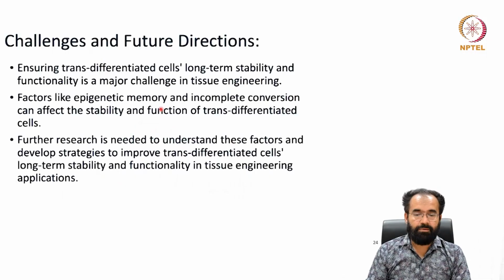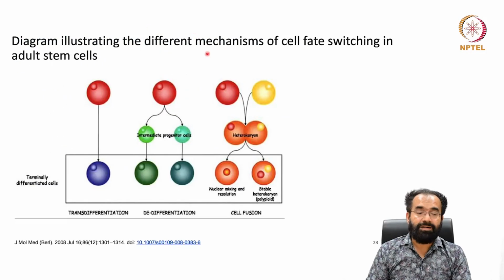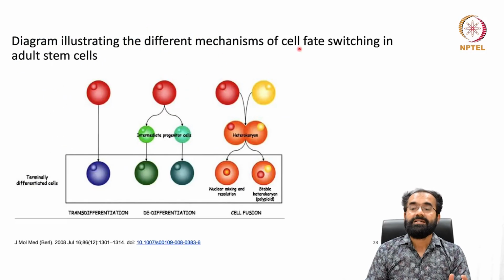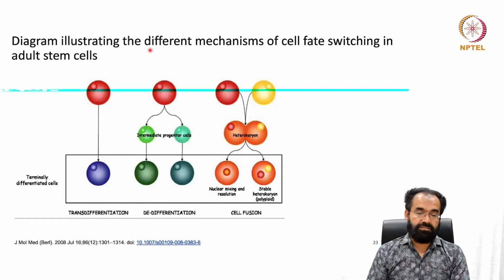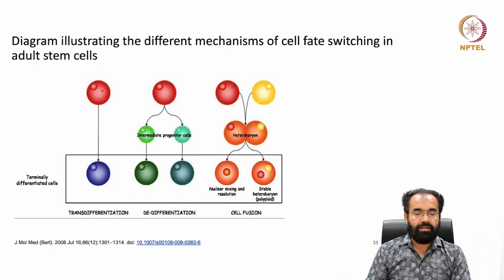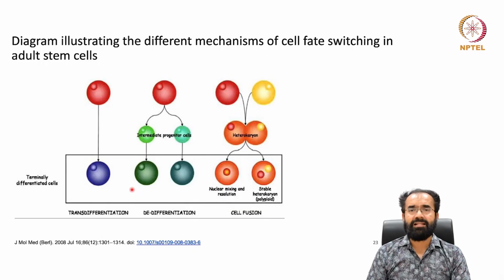So this is a diagram illustrating the different mechanisms of cell fate switching in adult stem cells. In this diagram, you can see how the starting material becomes a terminally differentiated cell, and the terminal differentiation can come from trans-differentiation, de-differentiation, or cell fusion.